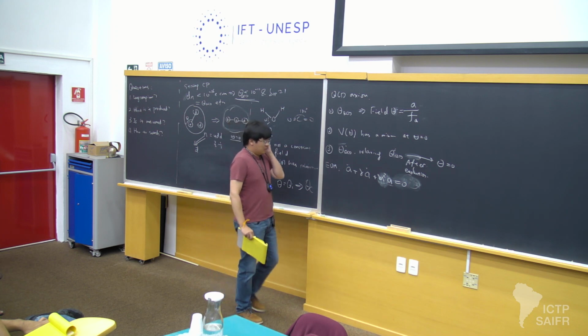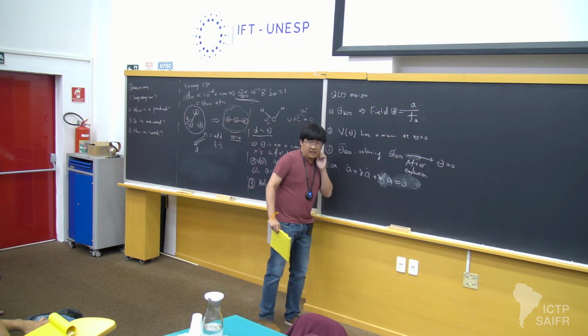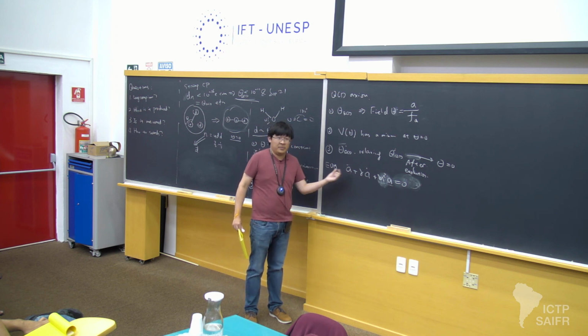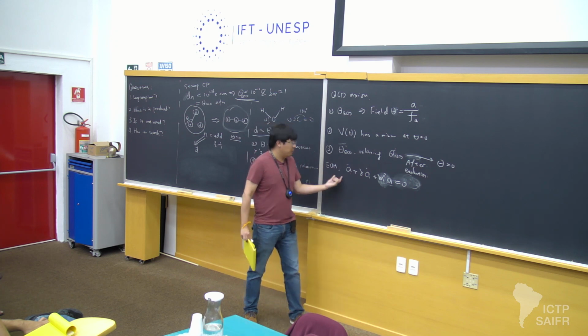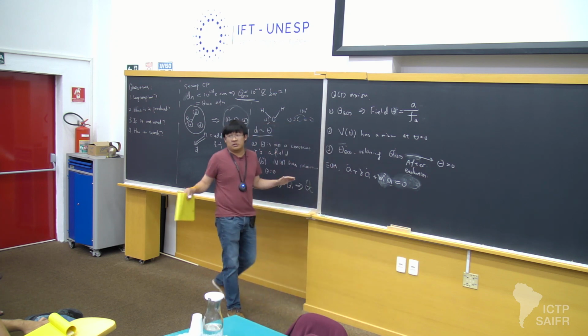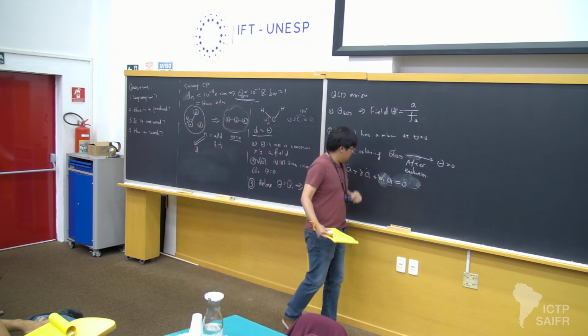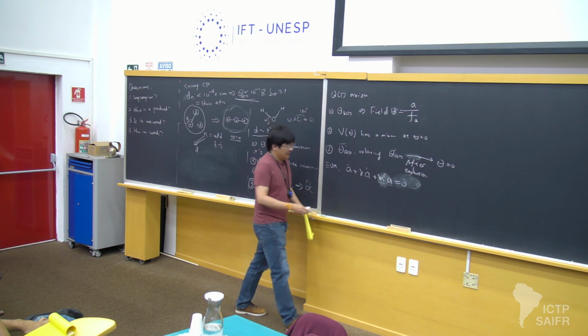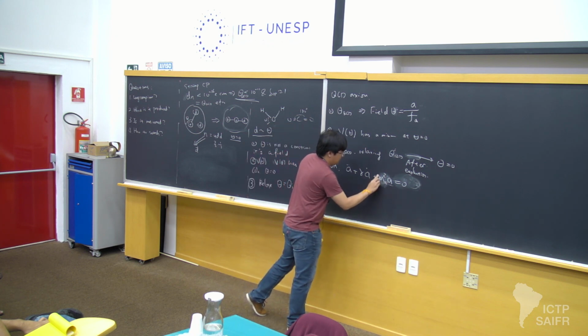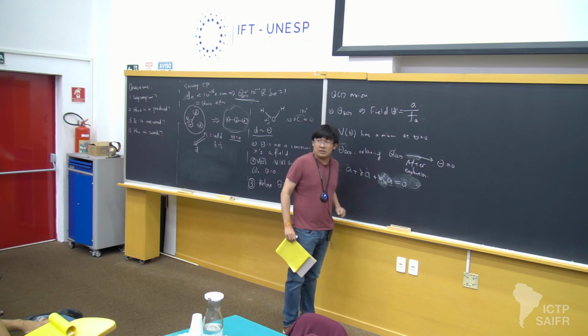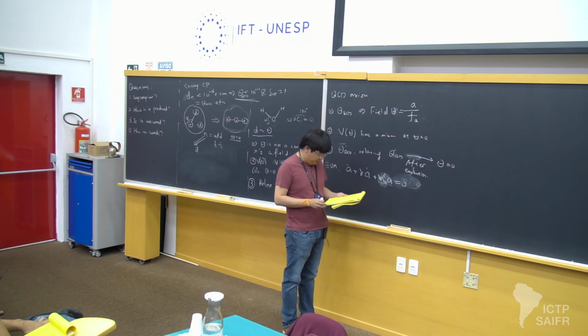Here, as you can see, I ignored the fact that this is a field in 4-dimensional space, so in principle it also has spatial variations. For all practical purposes, the spatial variation of the axion field in the early universe is very small, so I just forget about it and look at the simpler picture. So this is what we get, a harmonic oscillator equation.